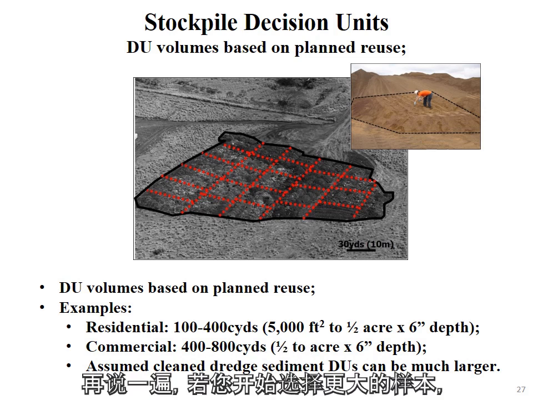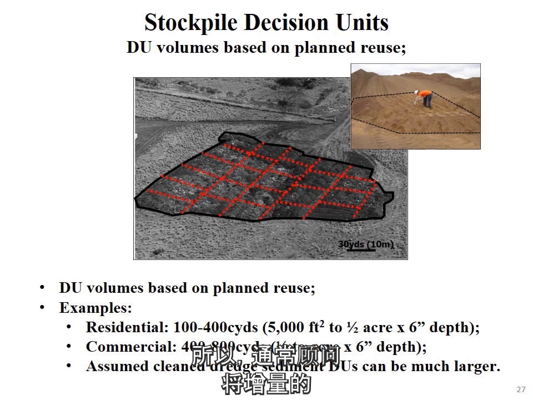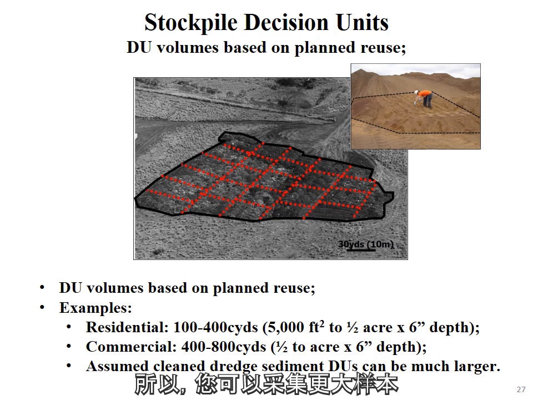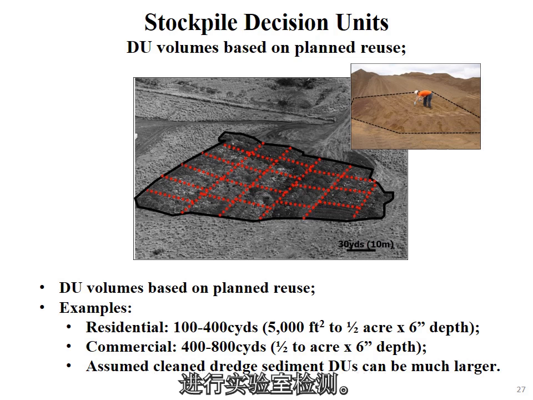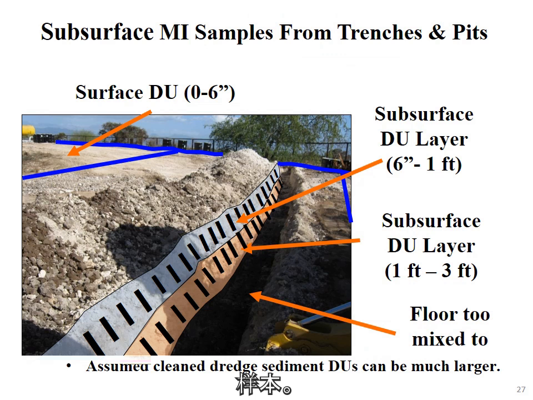Again, once you start getting larger, more concerned about heterogeneity. So typically consultants will bump the number of increments up to 100 or so, and you can collect larger samples and have the lab test those. And we'll talk more about actually collecting samples like this in the next presentation.